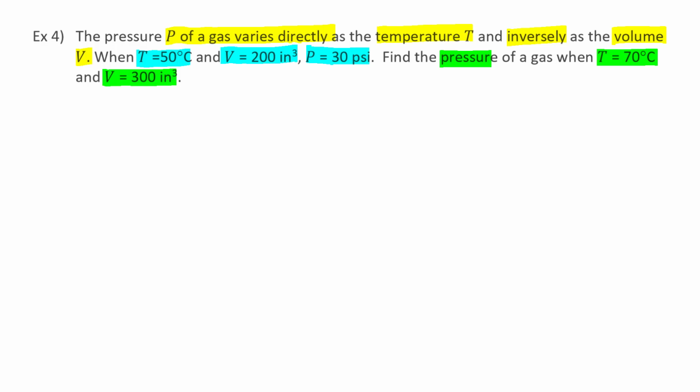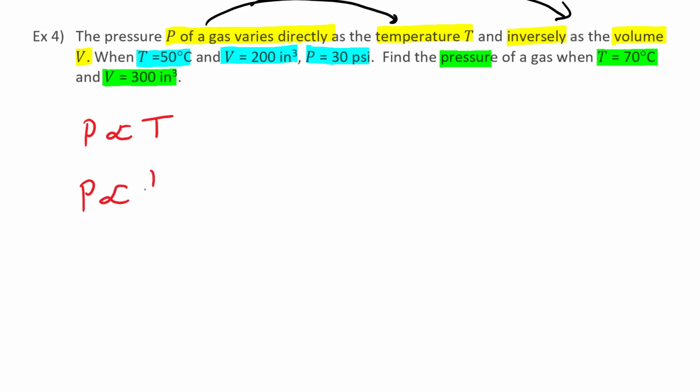Step number 1, let's build our equation. So pressure varies directly as temperature. Pressure is proportional to temperature. It's directly proportional. So I'm comparing pressure to temperature, and I'm going to compare pressure to volume. How is pressure related to volume?